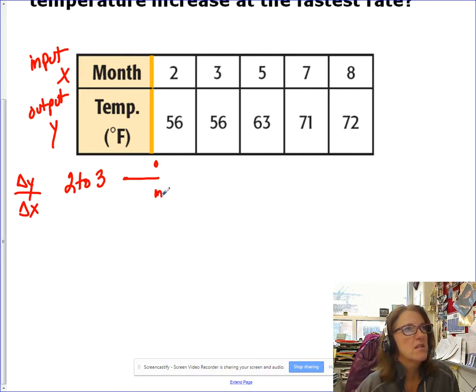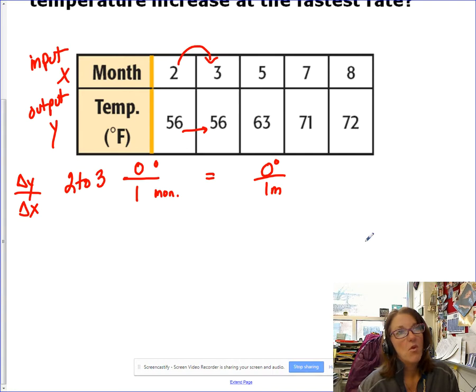This is degrees and this is months. So in this interval from month 2 to month 3, I increased 1 month, that's my denominator. My temperature, 56 to 56, that's just 0. So my first rate of change is 0 degrees in 1 month, or just 0, number value-wise.